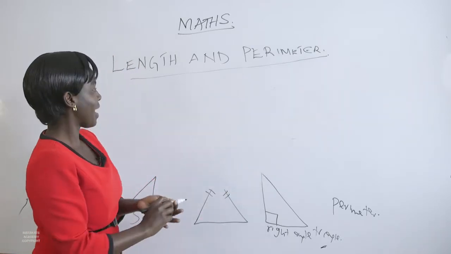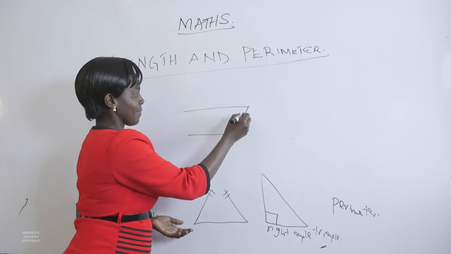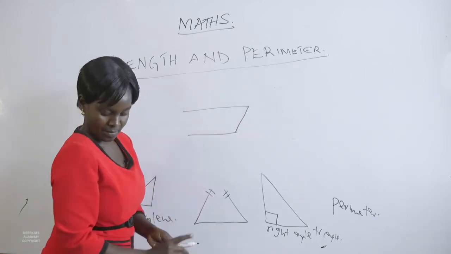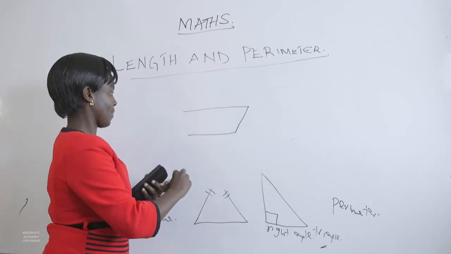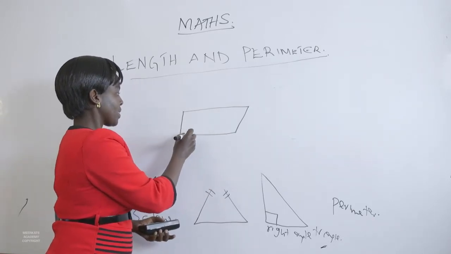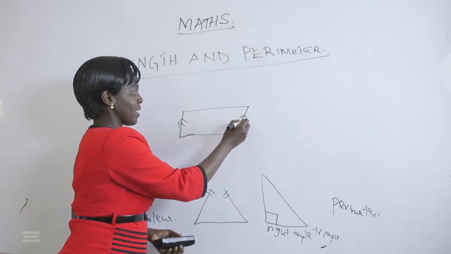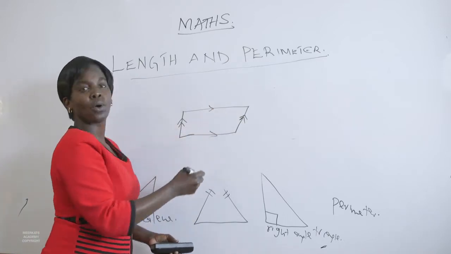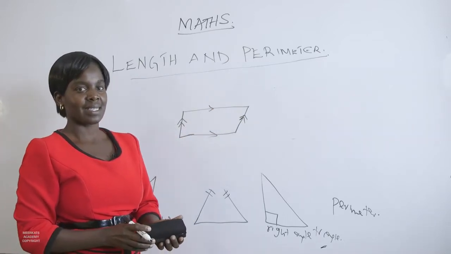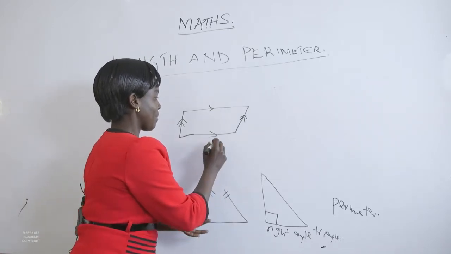A parallelogram has two opposite sides parallel. That means we must indicate by markings of the same nature to show that two opposite sides are parallel. So this is a parallelogram.